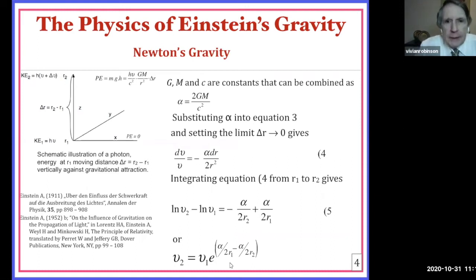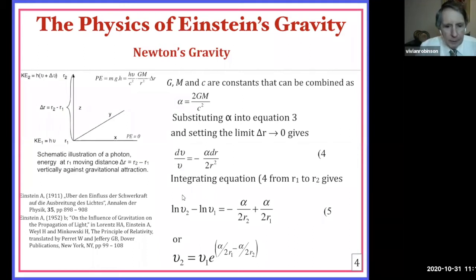G, M, and c are constants that can be combined to give alpha equals 2GM over c squared. Substituting that into the earlier equation and setting the limit of delta r tends to 0 gives d nu over nu equals minus alpha dr over 2r squared.